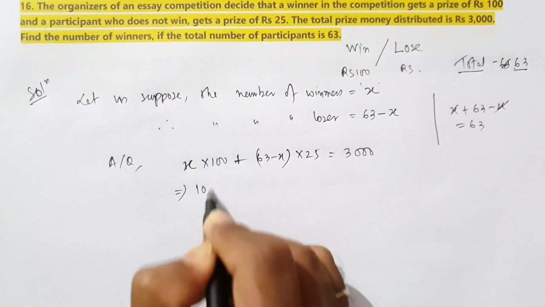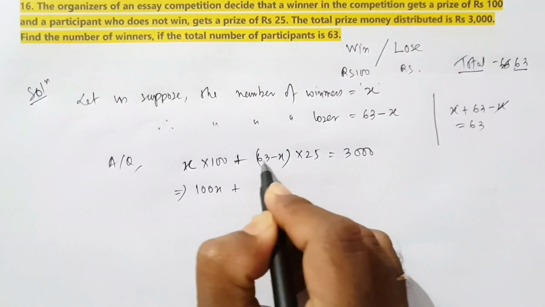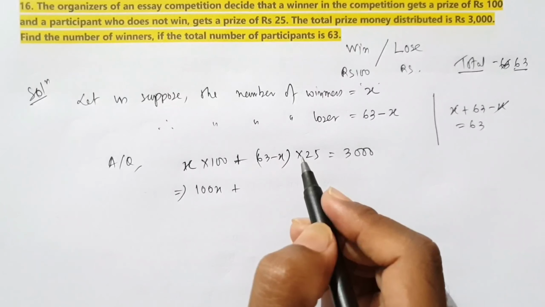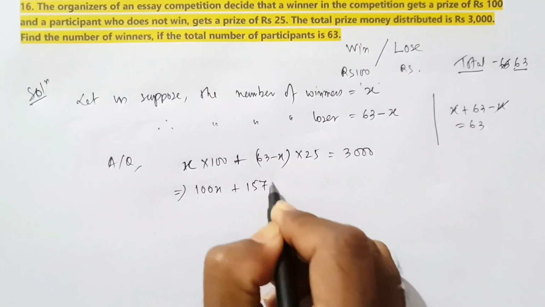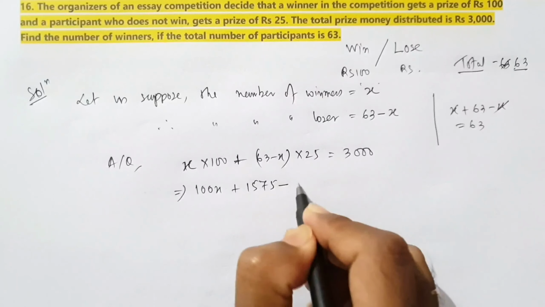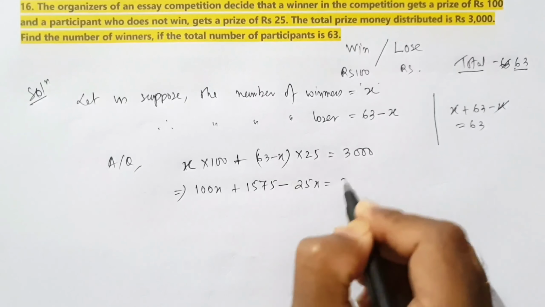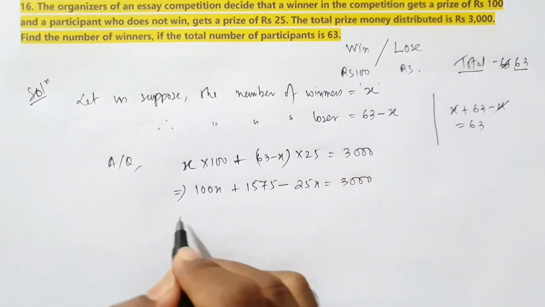Hundred into x is 100x plus 63 into 25. If we calculate 63 into 25, it comes around 1575, minus 25 into x is 25x, is equal to 3000.